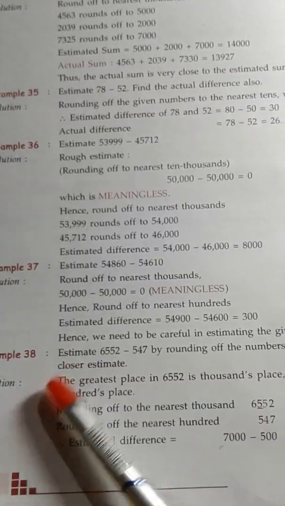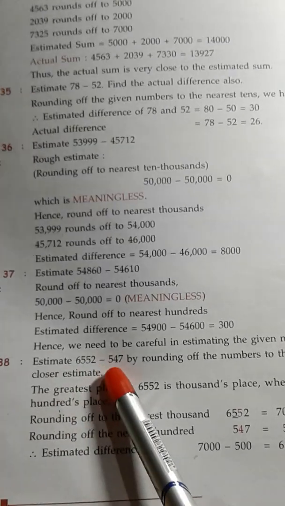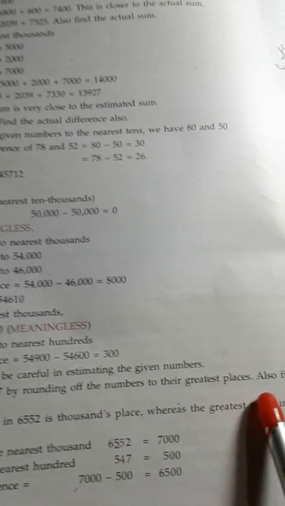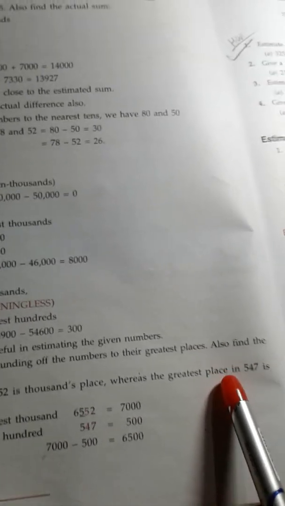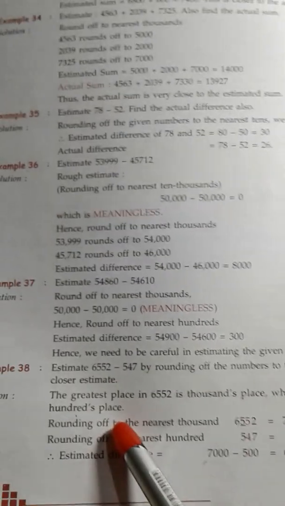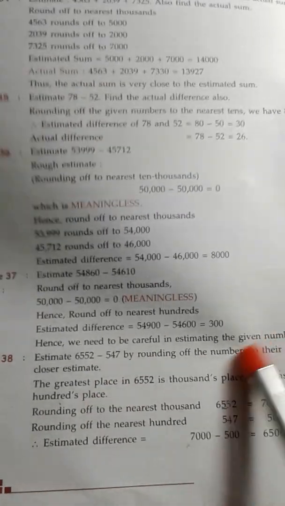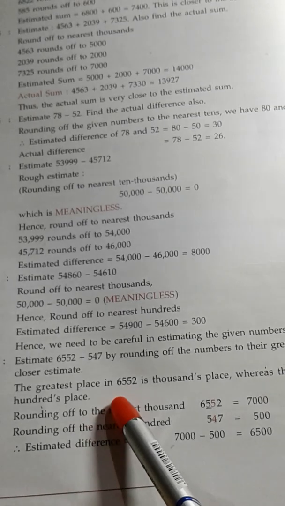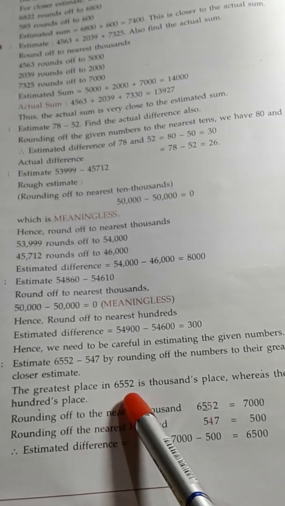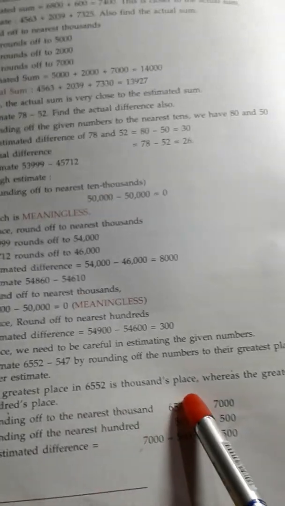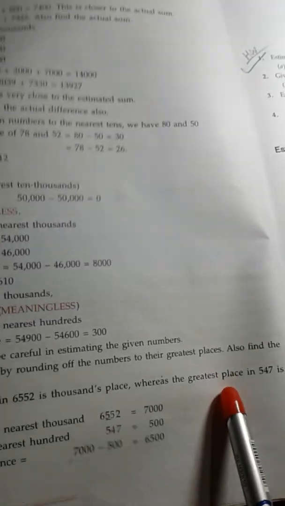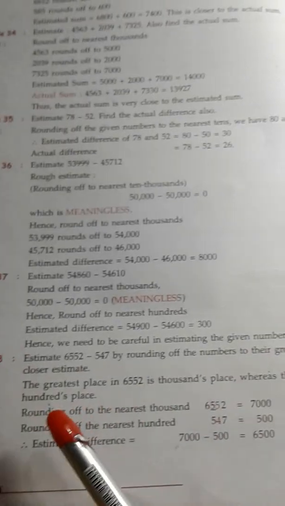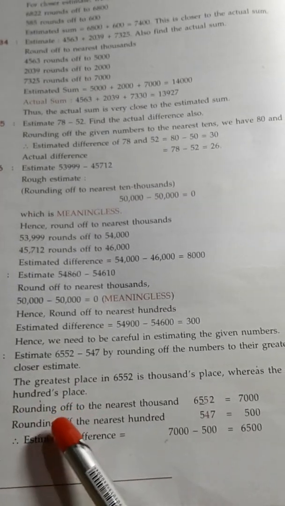Then the next example: estimate these two numbers by rounding to their greatest places. Also find the closer estimate. So first you see the estimated numbers. The greatest place in 6,552 is the thousands place, whereas the greatest place in 547 is the hundreds place.